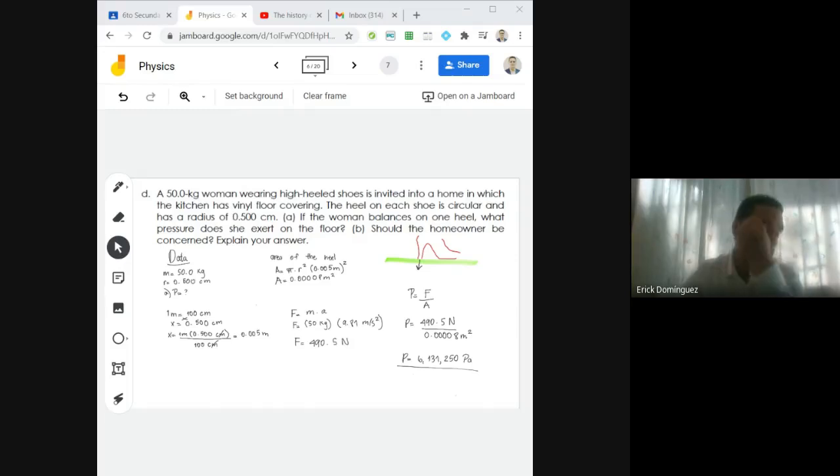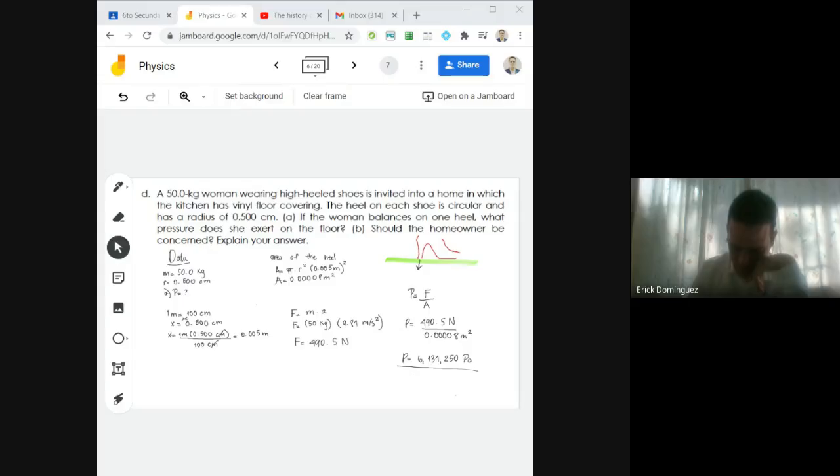So the big question: does this answer make sense to you? Right? It makes sense. And for part B, remember, that person should be concerned only if, that's the big if, right?